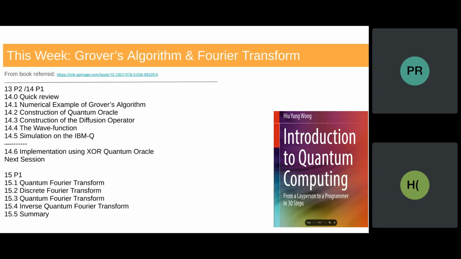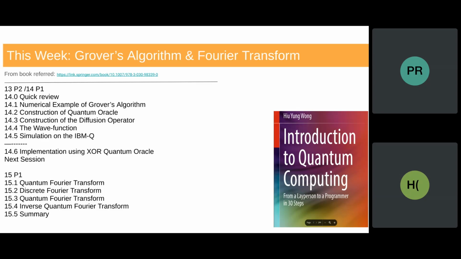The maximum rotation is square root of N. Normally, if N is the space, square root of N is what we can achieve. It's called quadratic gain we can get out of Grover's algorithm. Even though it's not exponential, it's quadratic, but that's the limit.